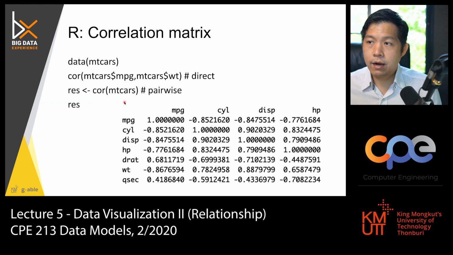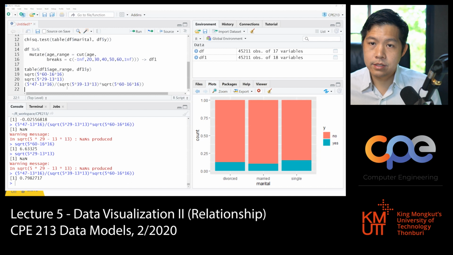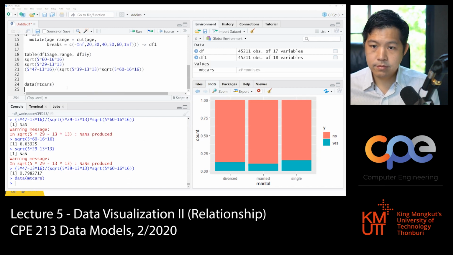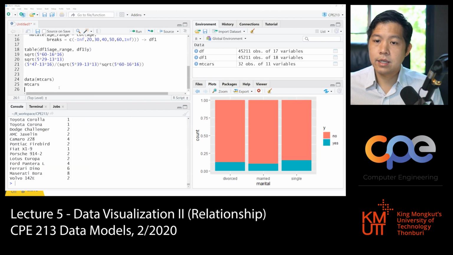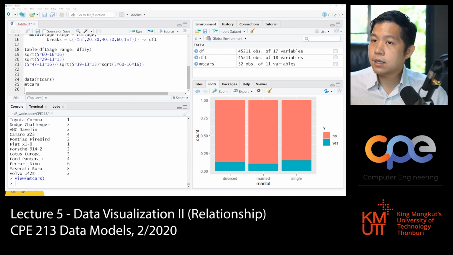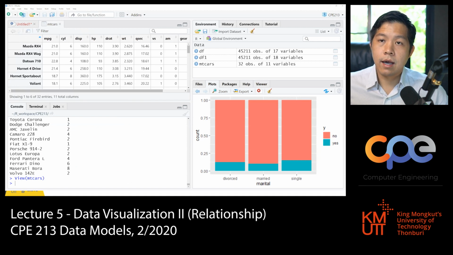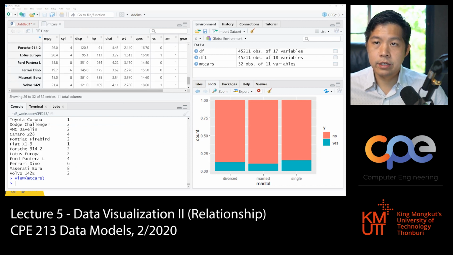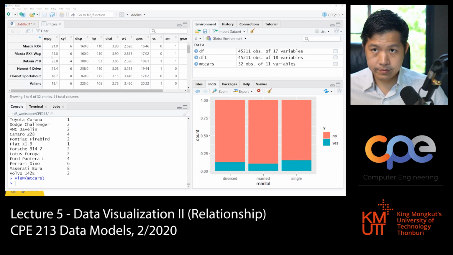So let's load the data mtcars. This data contains car specifications. Each row indicates each car model, and there are measurements in columns.